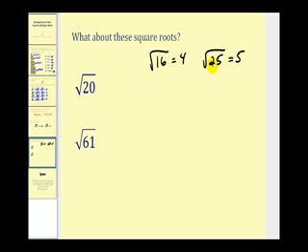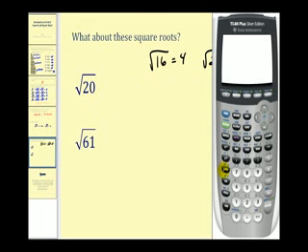And in order to get a closer approximation of the square root of 20, we usually just use a calculator. So let's go ahead and do that. On this calculator, if we press second x squared, it brings up the square root symbol, and we just type in 20, a closed parenthesis, and then press enter.